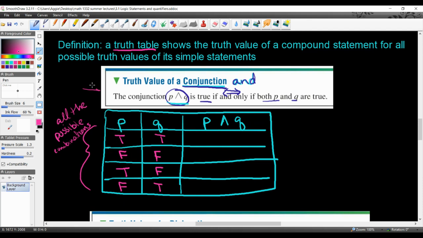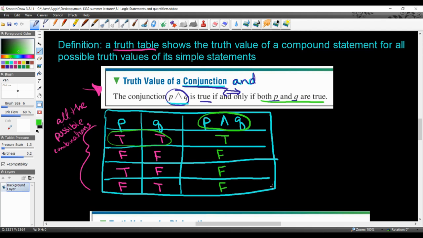According to this definition, this part right here, P and Q, is only true if both of them are true. The only time that happens is right here, so in this case P and Q would be true. Everywhere else, it's false.